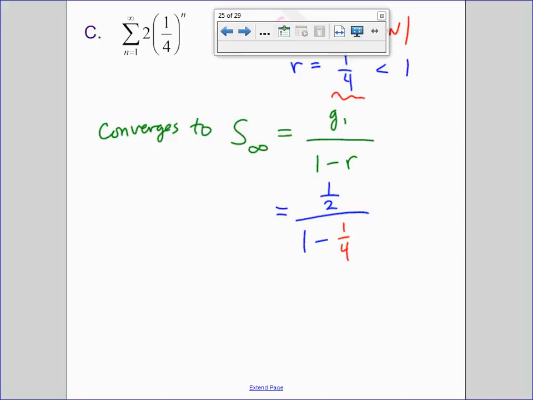Doesn't look too bad. I get 1/2 over 1 minus 1/4 is 3/4. Ah, a fraction. More fractions. 3 and 1 thing. No problem. I know I can divide by a fraction by multiplying by the reciprocal. So this equals 2/3. 2/3? Yeah.